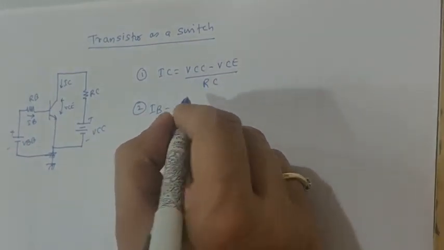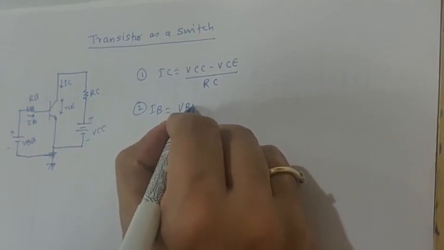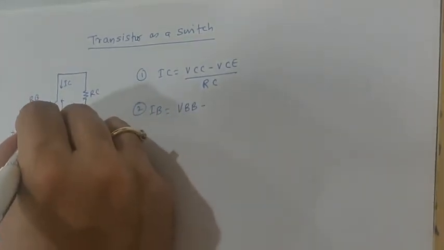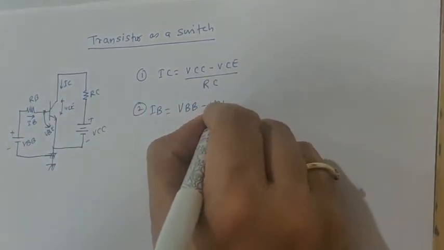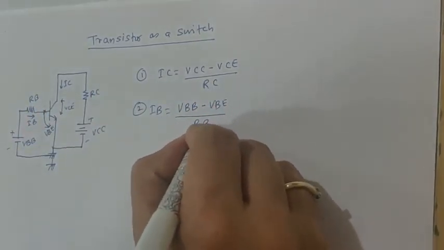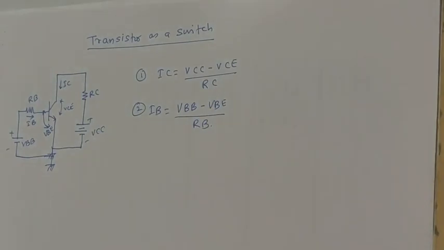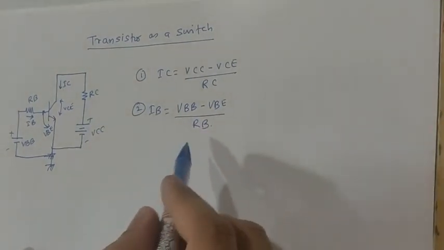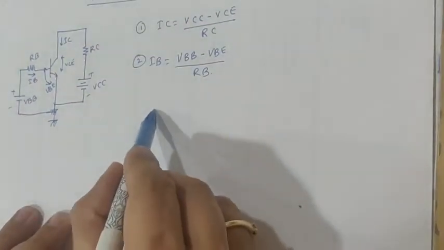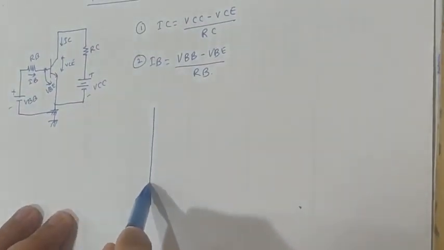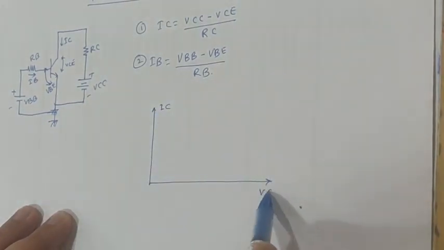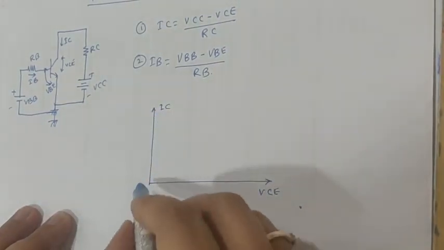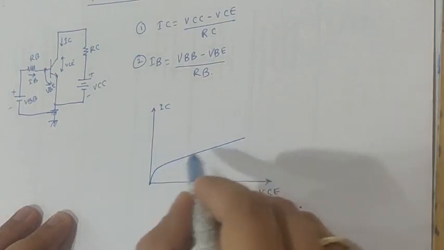So if I apply KVL to the base side, the value is going to be VBB minus VBE upon RB. So these two current values we have calculated. Now see here, if I draw the graph between the output voltage and output current, IC and VCE, of course you know the characteristics are like this.